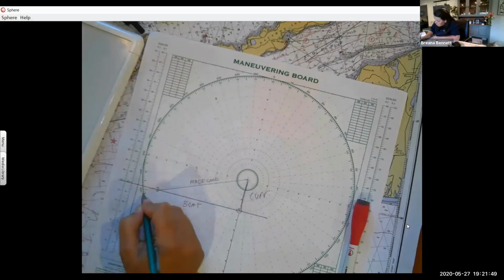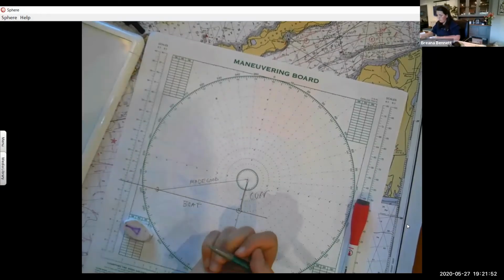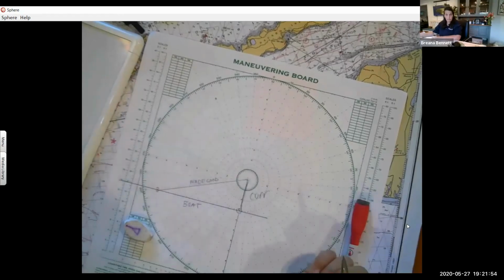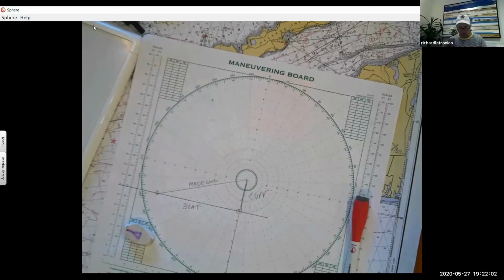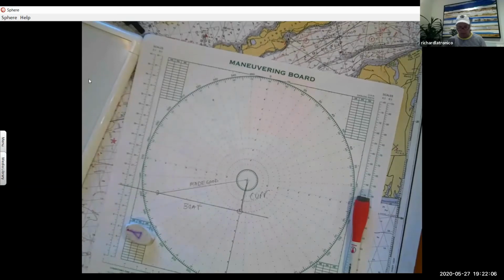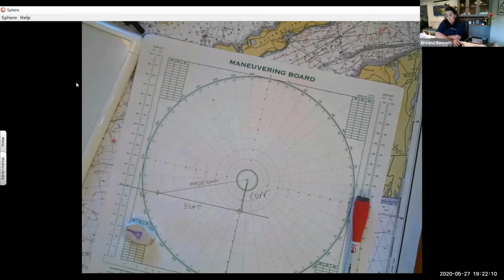I might call it 249, 248. Okay. So the current is actually pushing you north then, or south? It's pushing you south. The current is 180.